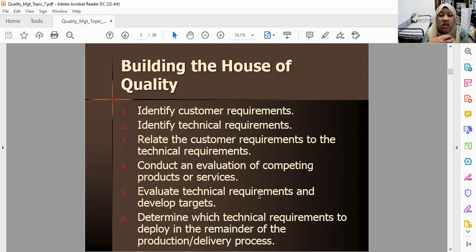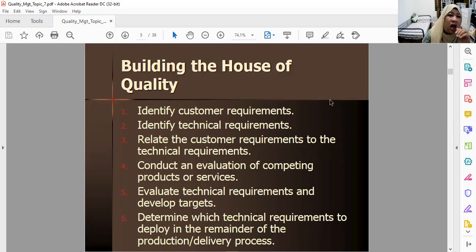So whenever we evaluate, we then choose one and proceed with that technical requirement strategy, and use it to align with our production and delivery process. So that is number six.